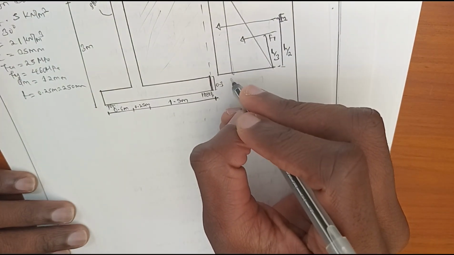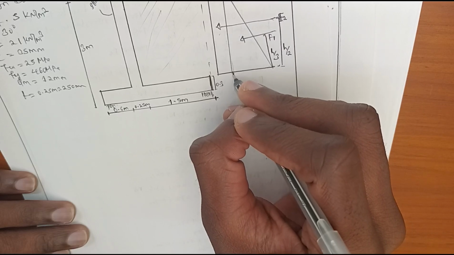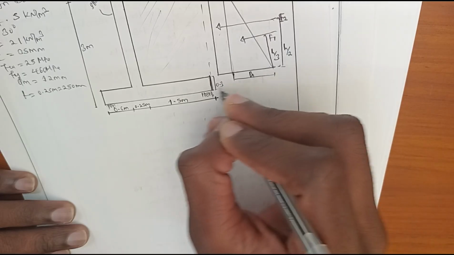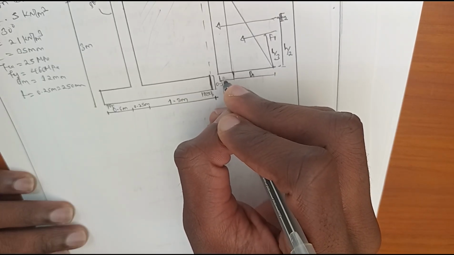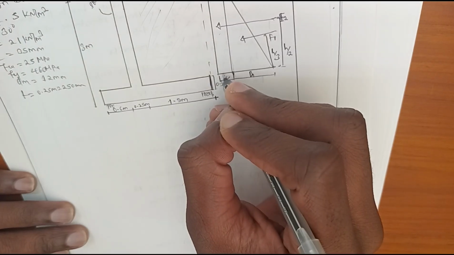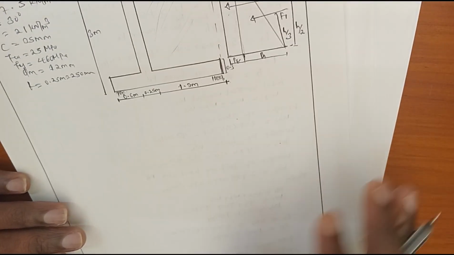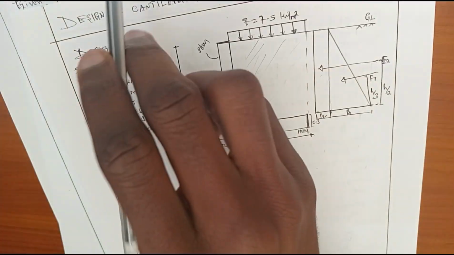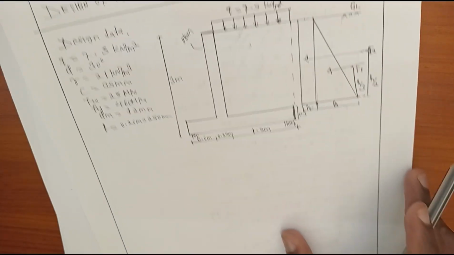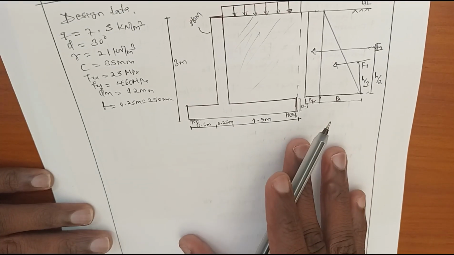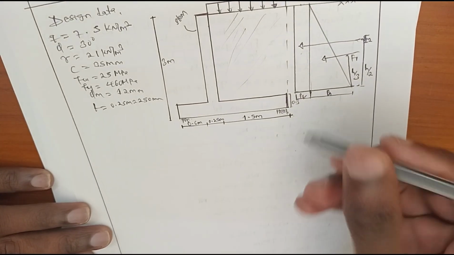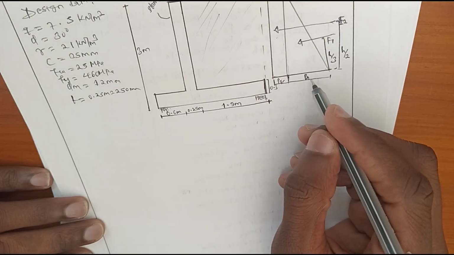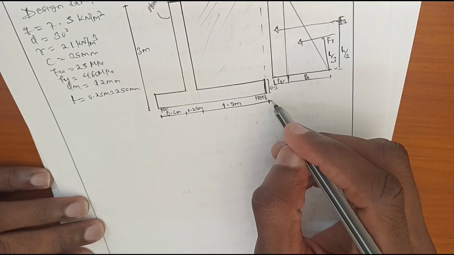Now, the pressure due to the soil is called active pressure. So this is where the active pressure acts, and the pressure due to surcharge acts at this region. After that, before going directly to the design of the bending moment, let's find the value of active pressure.